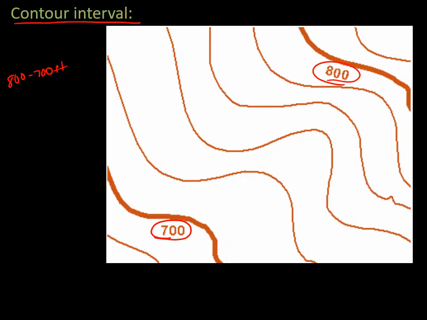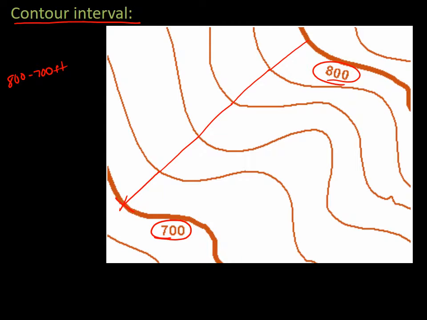Now the question is just to figure out how many even divisions that 100 feet is divided into. In other words, how many contour lines are in between 700 feet and 800 feet. If we start on the 700-foot line here and march to the next one, there's 1, 2, 3, 4, 5 lines.